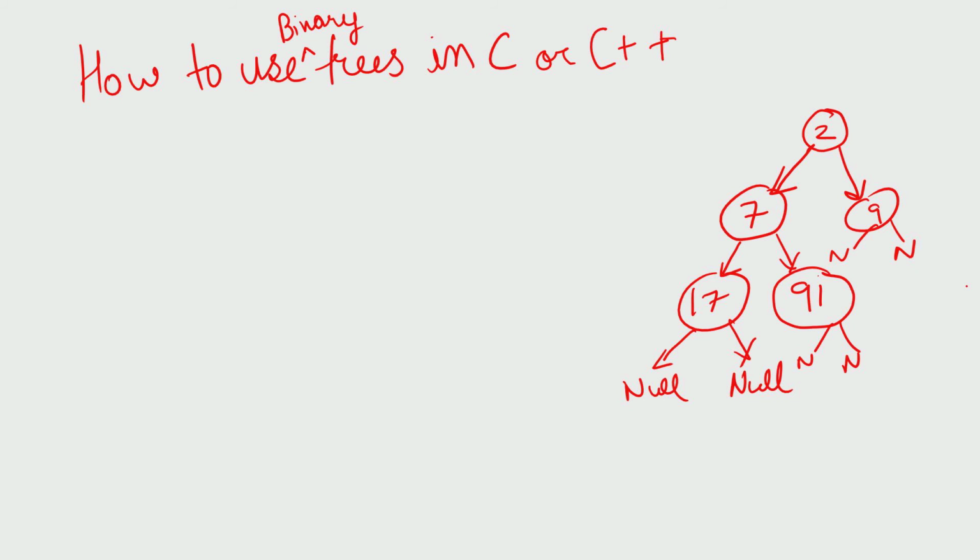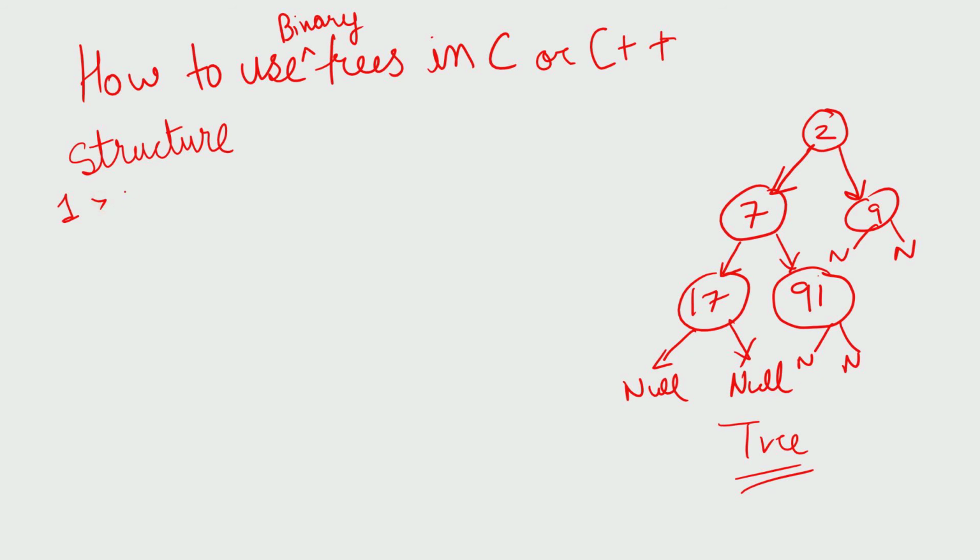Now let us say I want to use this tree and represent it in C++. How should I do it? I'll create a structure or a class in C++. Let us talk about structures, since we can make structures in both C and C++.